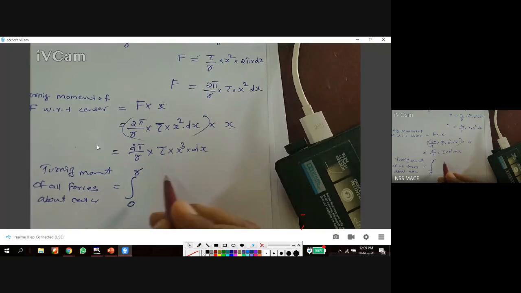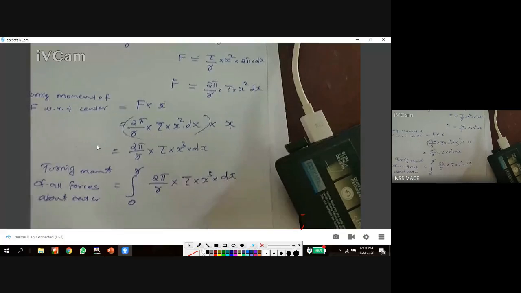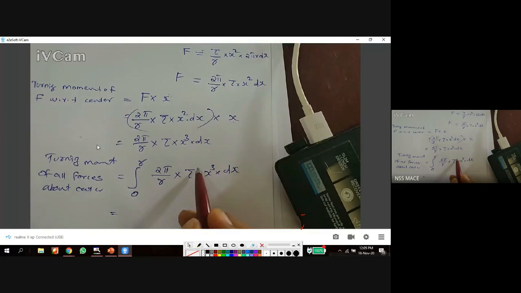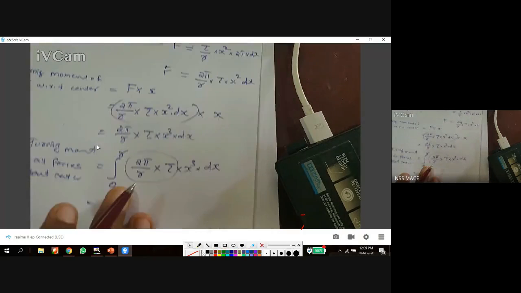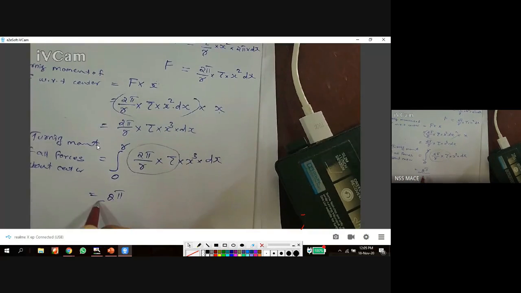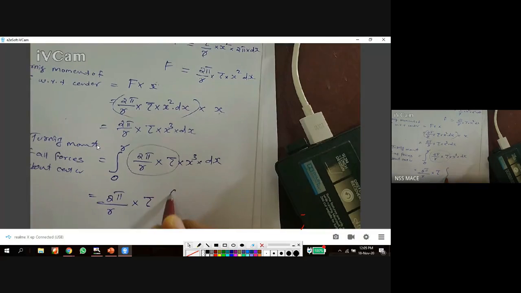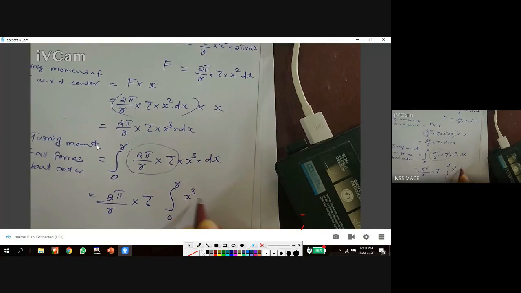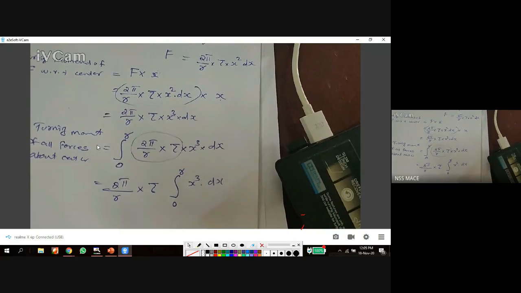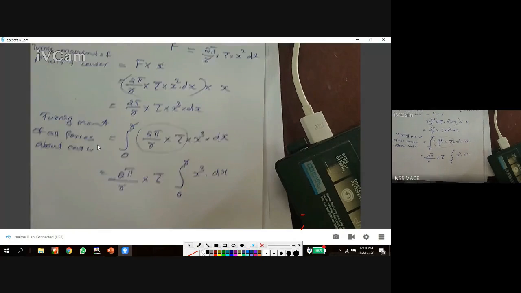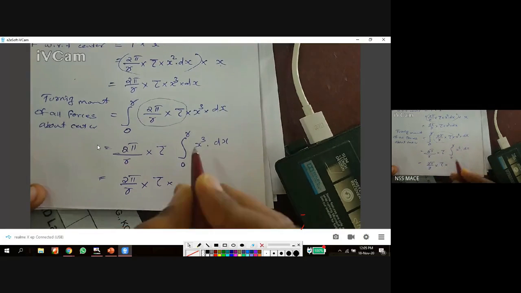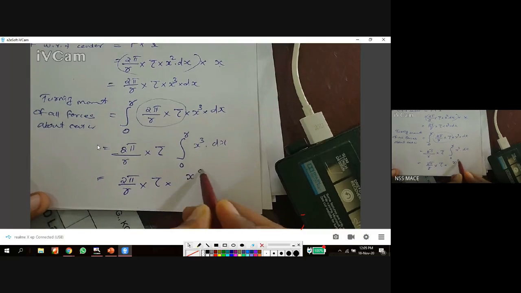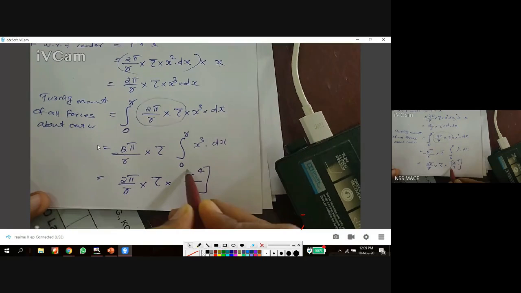So write this, 2 pi by r into tau into x cube into dx, where these terms are constant with respect to x. ഇവിടെ വേരിയബിൾ ആയത് x ആ. x is the variable. So 2 pi by r into tau, the integral 0 to r x cube into dx, variable x ആ ഇവിടെ. Okay, so from this we got 2 pi by r into tau into the integral of x cube, x raised to 4 by 4 in the range of 0 to r.